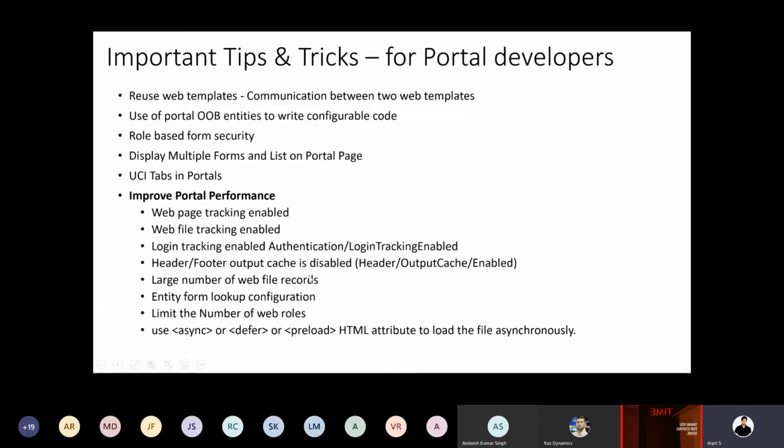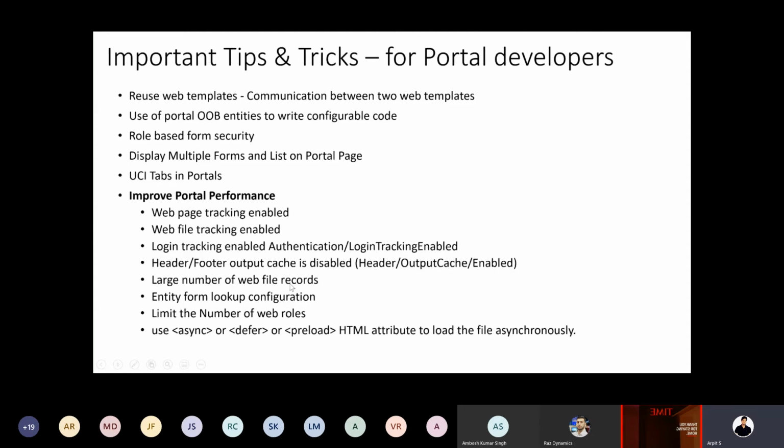Otherwise, every time you open the portal, the header and footer will get loaded, and obviously your page performance will get impacted. To avoid that, you can simply create a site setting, header output cache enabled, and for the footer, create footer output cache enabled, and set this value to false, sorry, true. Just to know this.